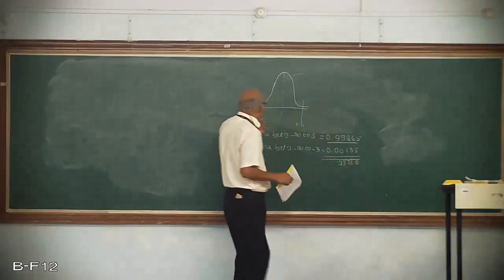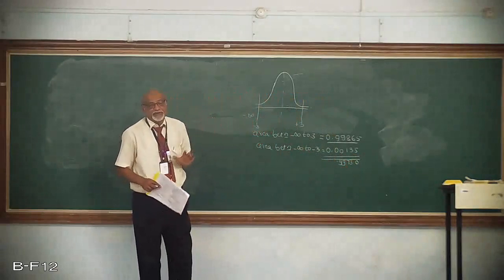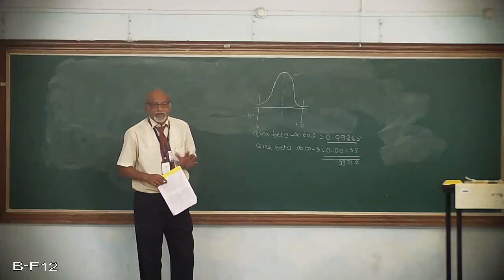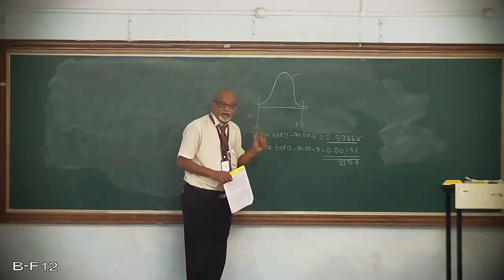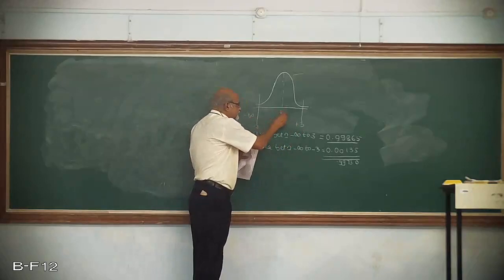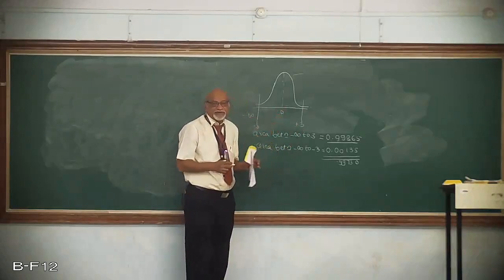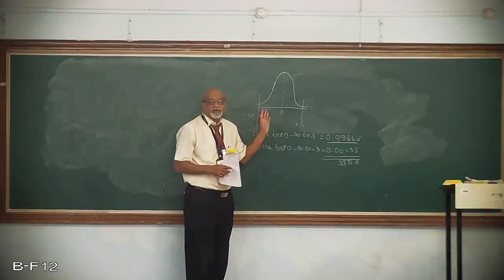So this total area works out to be 0.9973, or 99.73% of the values will fall within the limit of minus 3 to plus 3. Then where is the 0? This is the 0 here. That is what we say, plus or minus 3 sigma limit: 99.73% of the values will fall.